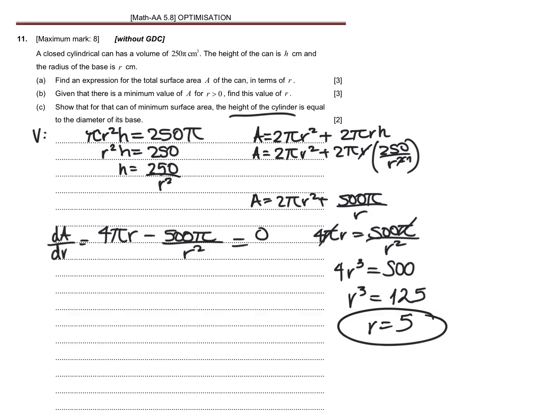So the height of the cylinder is going to be h is 250 over r squared using this. So that's going to be, the height is 10. And the diameter of its base, well, that's 2 times the radius, which is 10. Okay? So that's that.